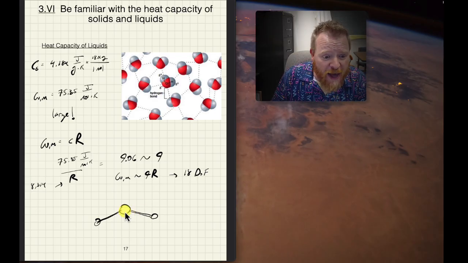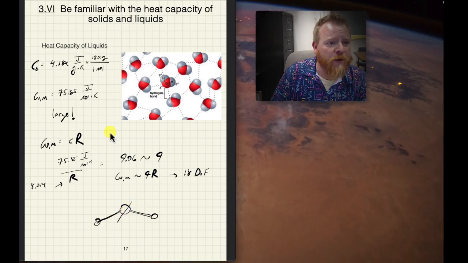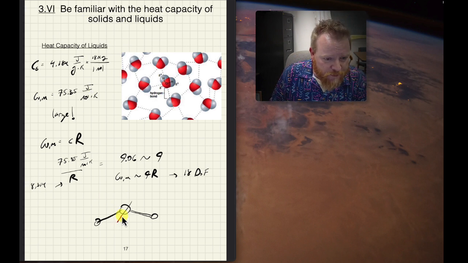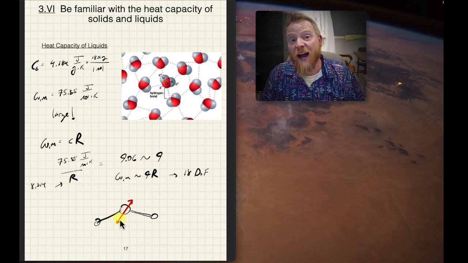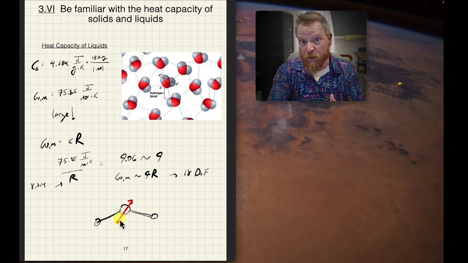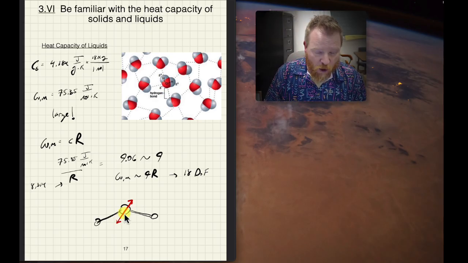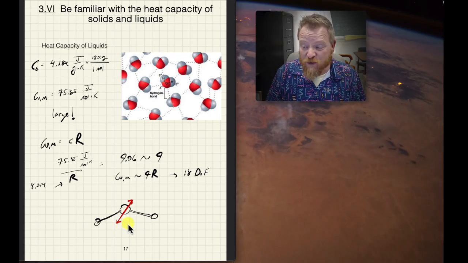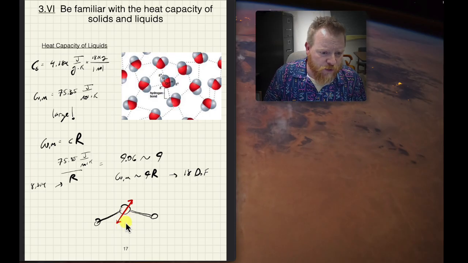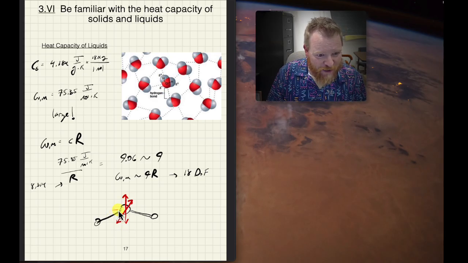So the oxygen atom here is free to move in the plus or minus x. And we established that because this is a condensed medium, there are going to be neighbors very close. So it's not like the gases where all of those dimensions are degenerate. These are all different. So it can move in the plus or minus z, and it can also move in the plus or minus y.